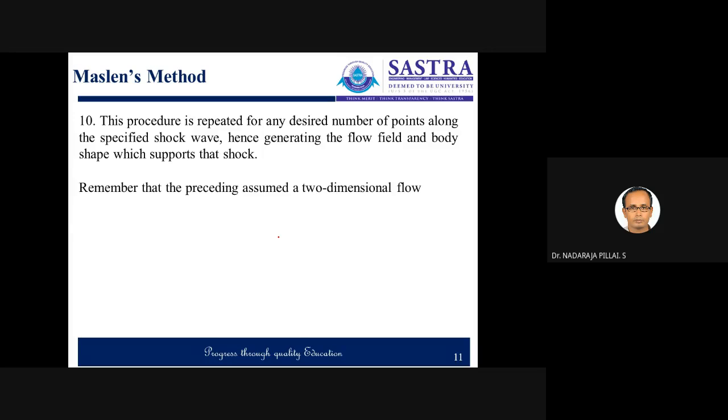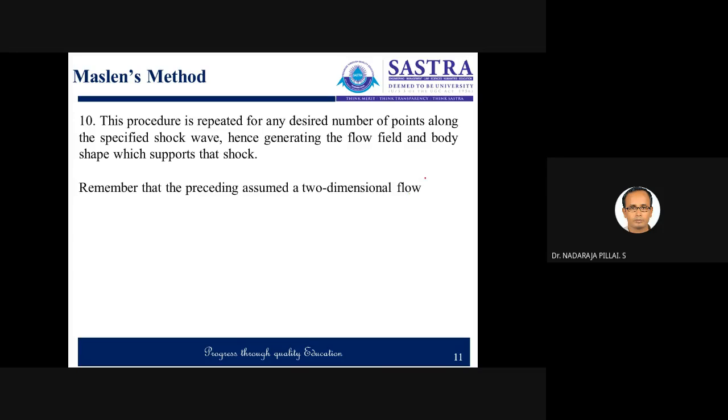Also please remember that the basic assumption we have made is that this is for two-dimensional flow. So this is the process for Maslen's method, where initially we assume the shock wave and then we estimate the body shape.